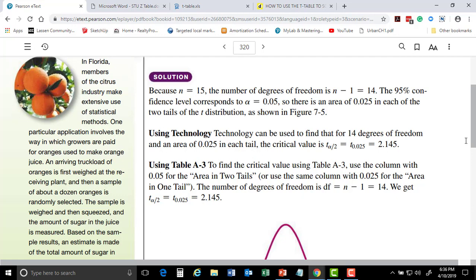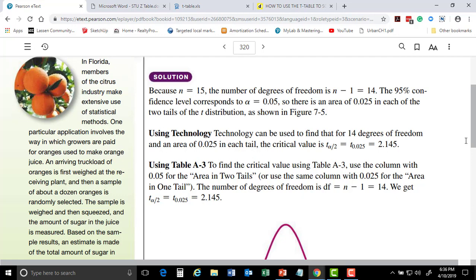Is that what you're looking for, the critical values, or the whole thing? Remember we have 14 degrees of freedom and two tails with 0.025 in the area. Let's see what we can do with that.